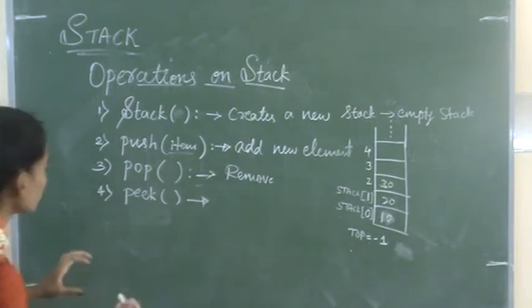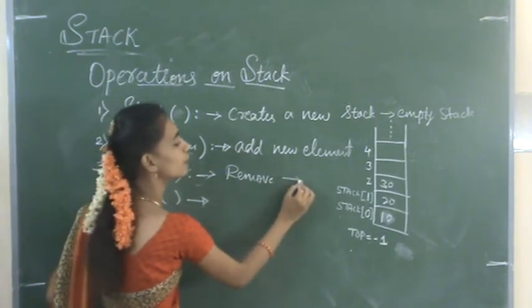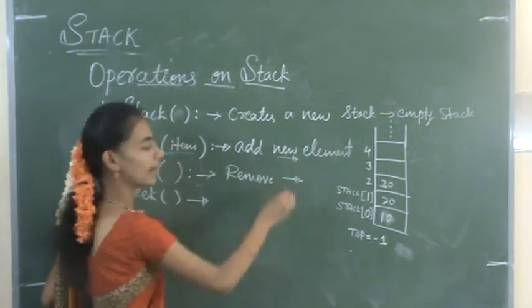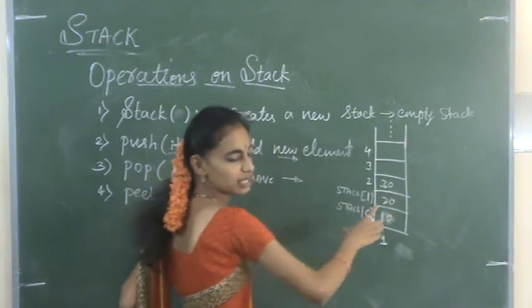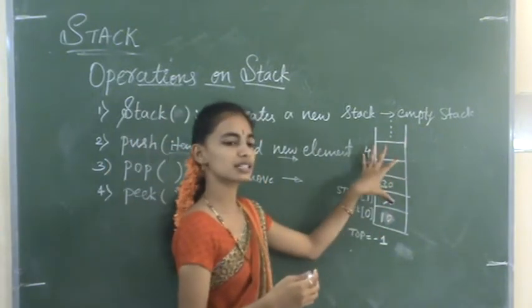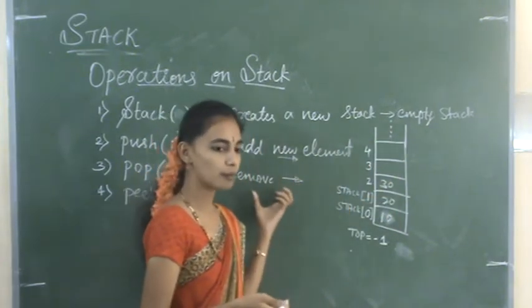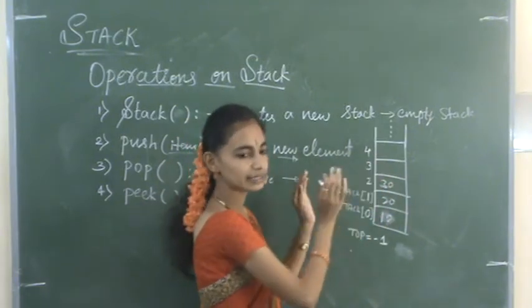If we do the pop function, it will modify the stack. If we insert an element, the stack will be modified, and the stack size will increase. If we remove or pop an element, the stack size decreases, so we are modifying the stack.